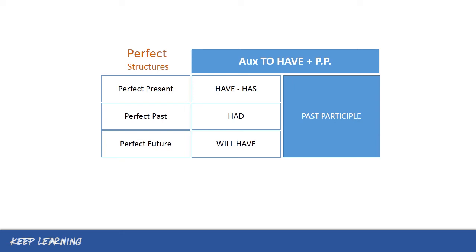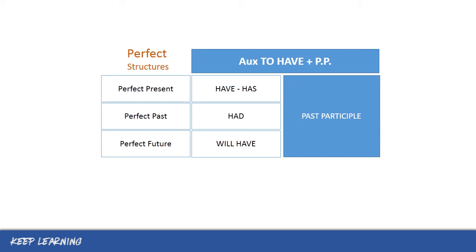In the perfect past, you use had, because it's había or habían if you have plurals. In the perfect future, it's will have, which is habrá or habrán, depending on the person you're using. And in every case, you use the verb in the past participle form, which in Spanish is ado, ido.